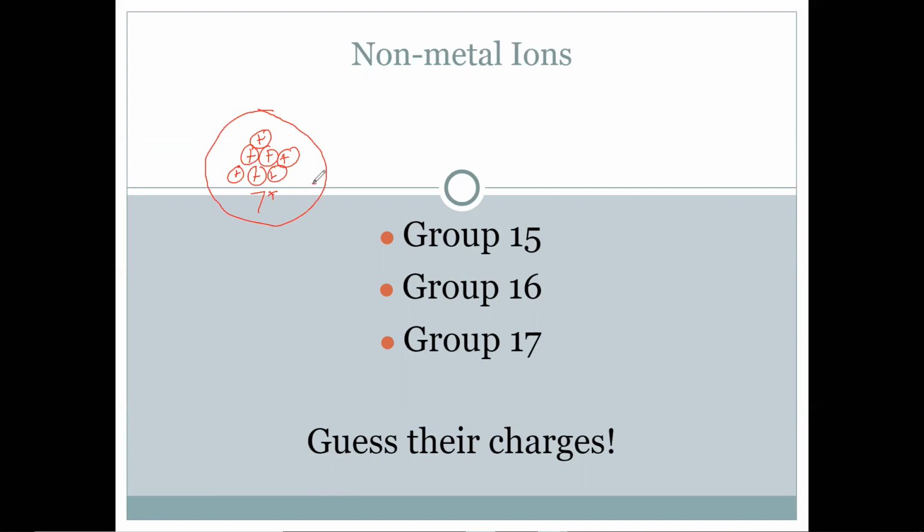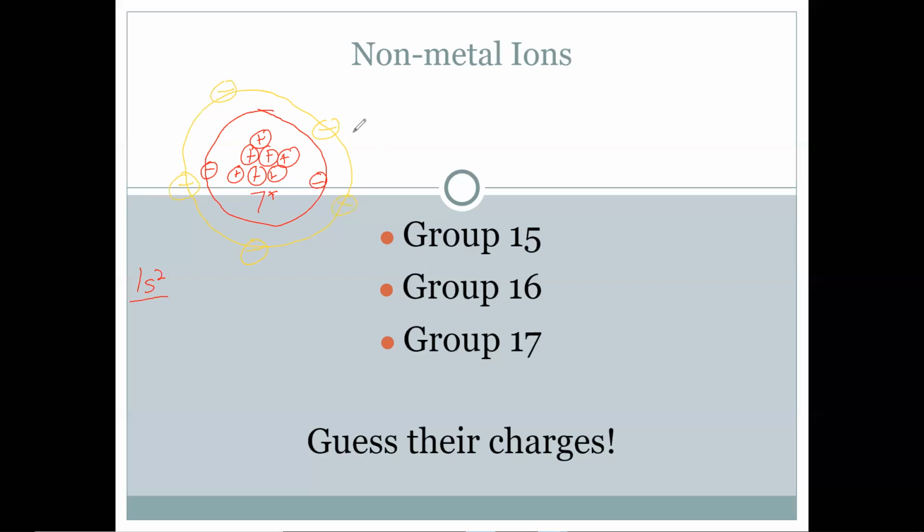In its inner shell, it's going to have 2 electrons floating around. And if we were looking at the electron configuration, those 2 electrons would be represented by our 1s2 in that inner shell. But nitrogen is also going to have an outer shell, or a valence shell. And in that case, it's going to have 5 floating around in its outer shell.